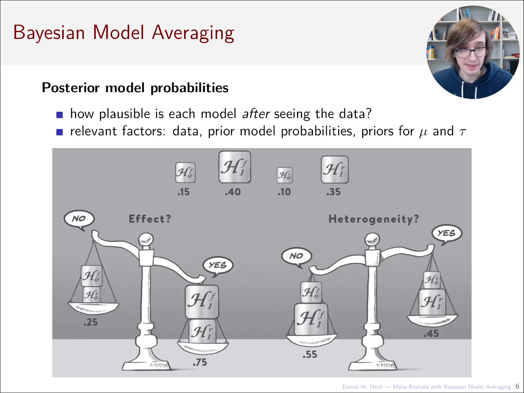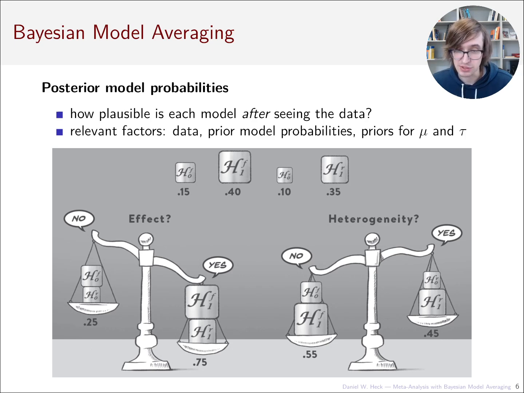Now, if you collect data, the probabilities are updated. So we now have posterior model probabilities, and these are determined essentially by the data we collect. These are informed by the prior model probabilities, and as we will see later, by the prior distributions on the parameters mu and tau. What happens here is that the models under the alternative become more plausible.